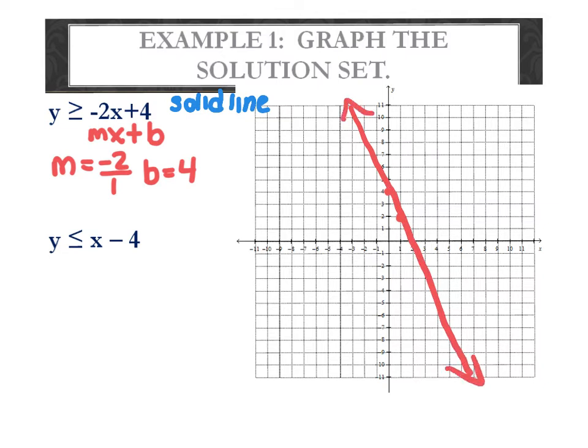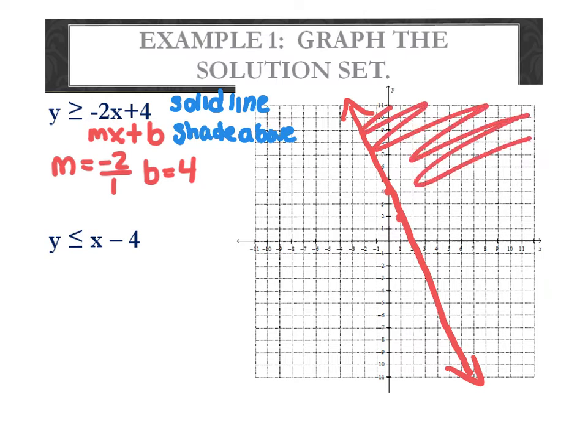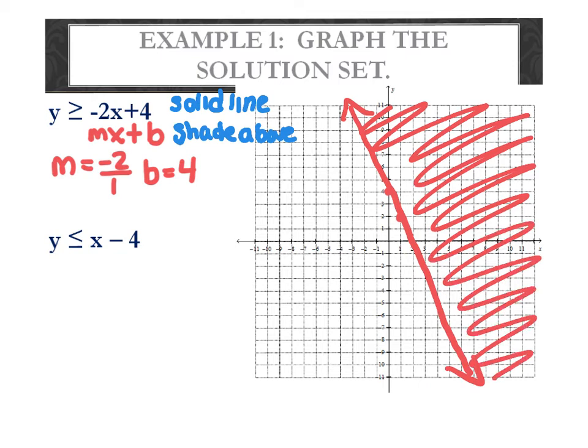And since it's greater than, I'm going to shade above. So I can shade the area above the line. For the next one, I know that my slope is 1, which is really 1 over 1, and my y-intercept is negative 4. So I can plot my point at negative 4 and go up 1 and over 1.